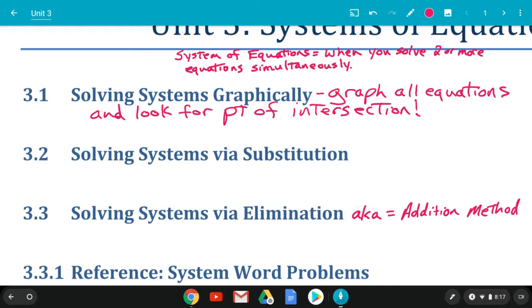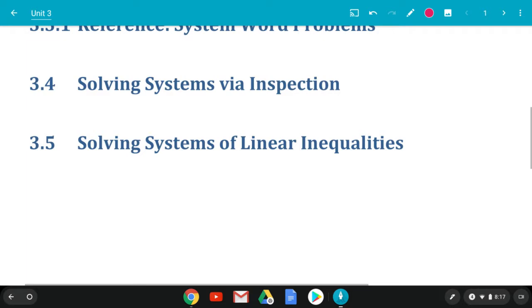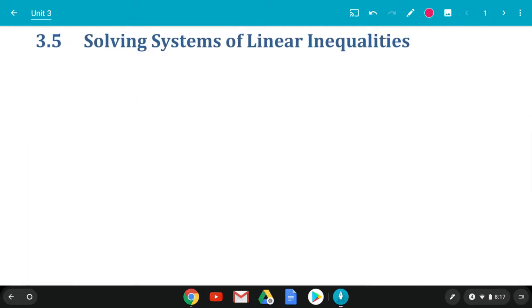We graph all equations and look for the point of intersection. Now, I'll be honest with you. We're only going to deal with two lines at a time, but a system could essentially have 3 lines or 4 lines or 5. Okay, but the more lines it has, the chances of it actually having a solution diminish. So I'm going to jump down here below and kind of give you what could happen.